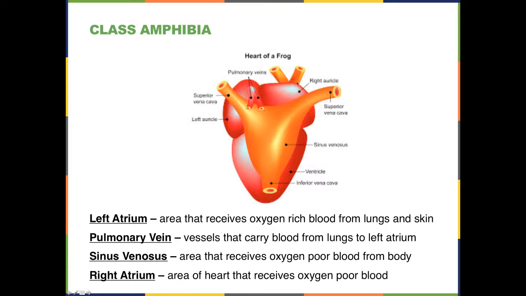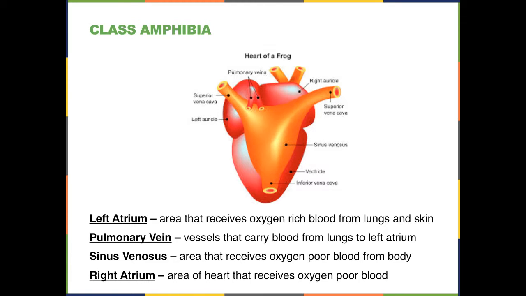This receives blood from the body through these veins, and also from the sinus venosus. And this is also dumped into the ventricle. So both oxygenated and deoxygenated blood are dumped into the ventricle, which is then pumped out into the body. So the left atrium receives oxygen-rich blood from the lungs and from the skin.